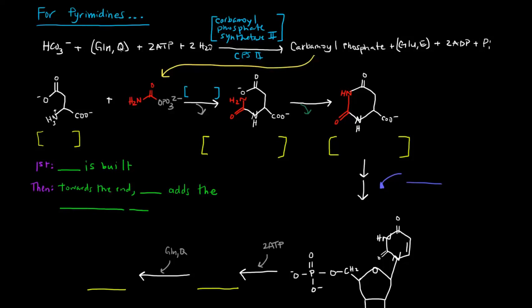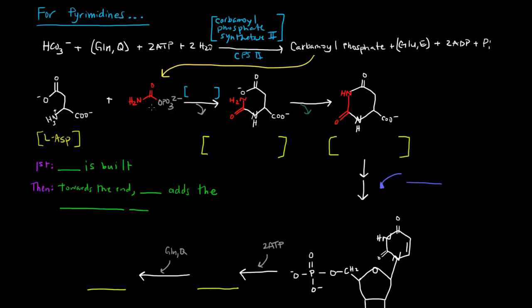So once we have this carbamyl phosphate, we're going to take it and add it to this molecule here. What is this molecule here? Well, this is an amino acid that you should recognize. From the way it's drawn here, it might be a little bit tougher to recognize, but this is aspartate. Specifically, L-aspartate.